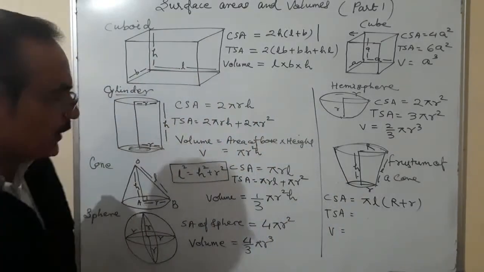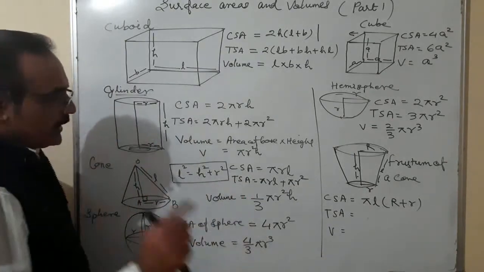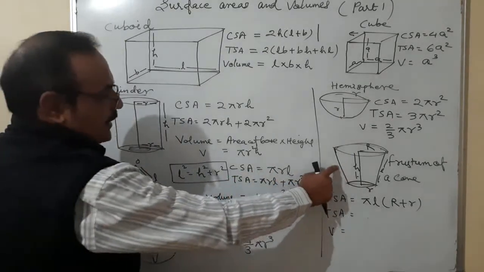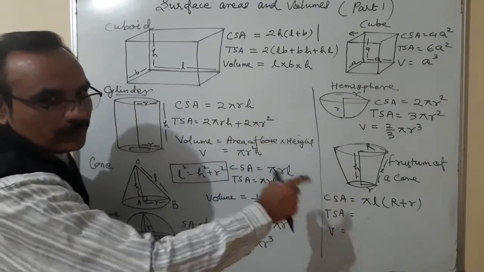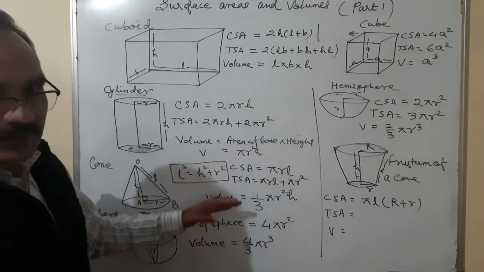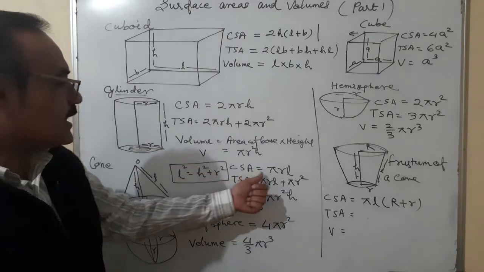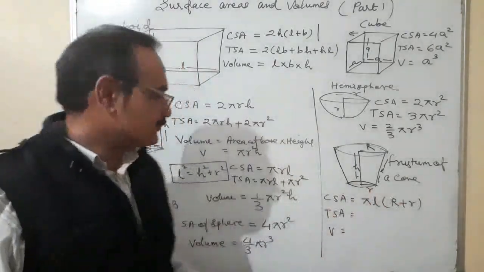Will you remember it? We will derive it later on, but keep it in your mind that because it is a part of the cone, we have to match all the formulae with the formulae of the cone. So CSA of cone is pi r L, and CSA of frustum is pi L (R plus r).